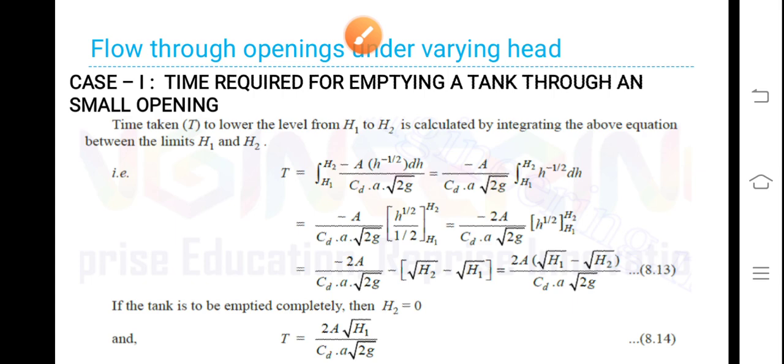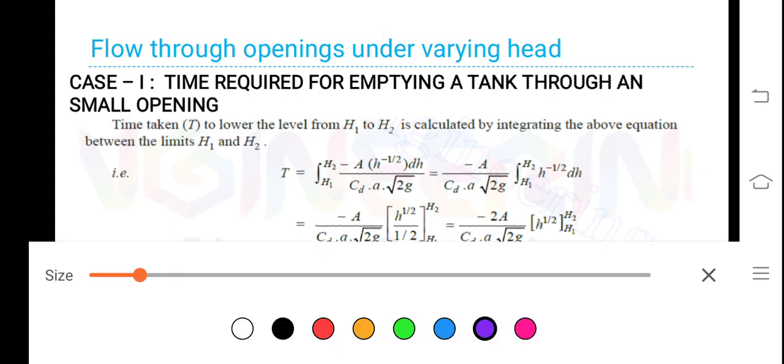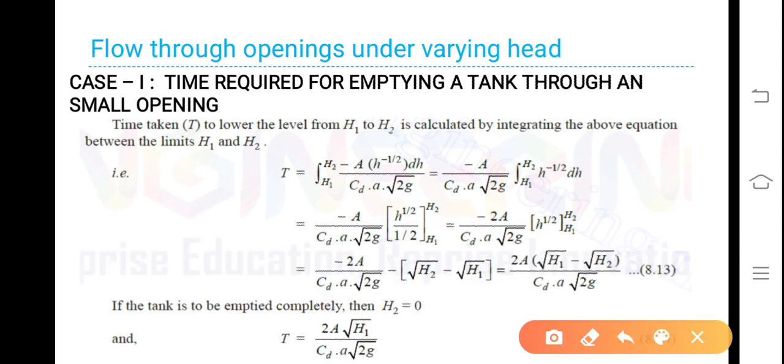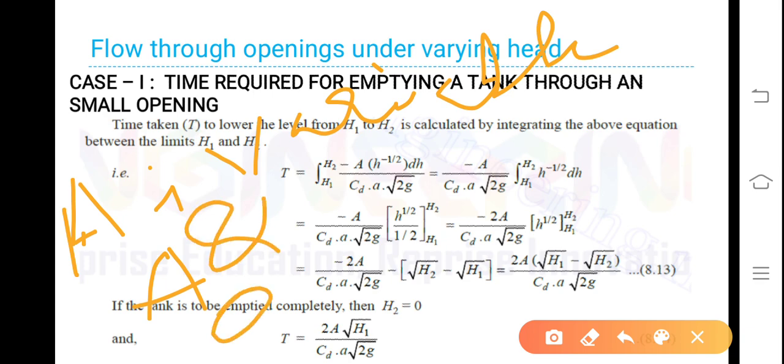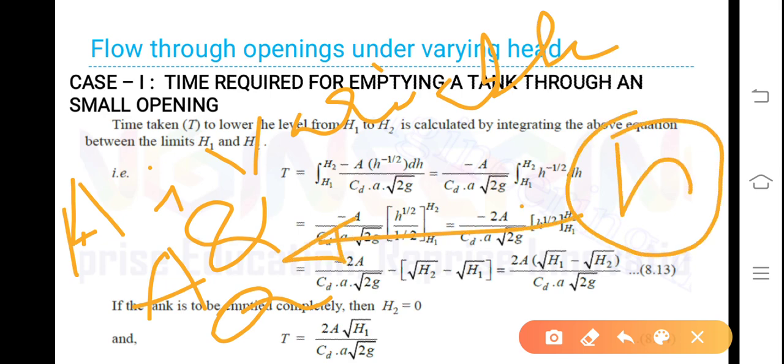Whereas in the other case, when A is variable, it becomes necessary to express both capital A, that is the area, as it is changing, and the discharge Q in terms of H. This is very, very essential.